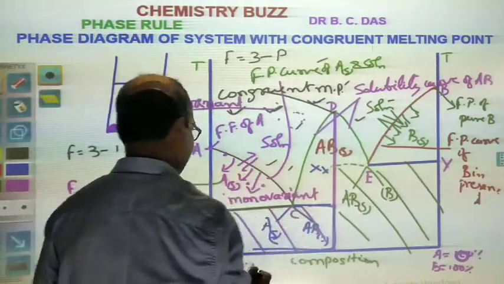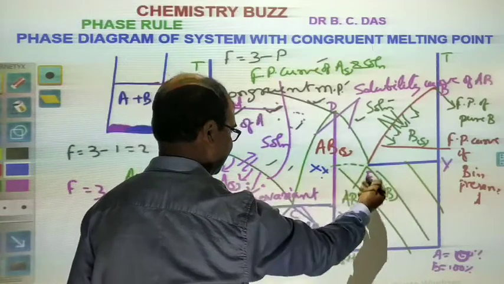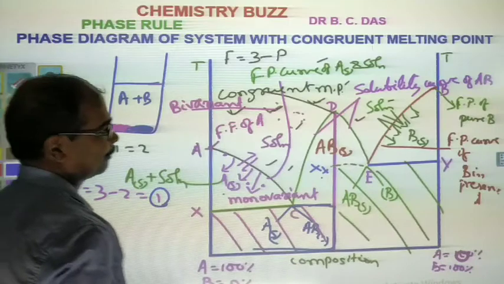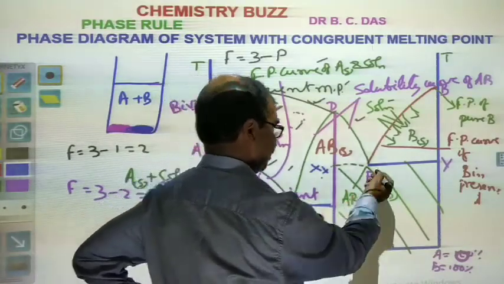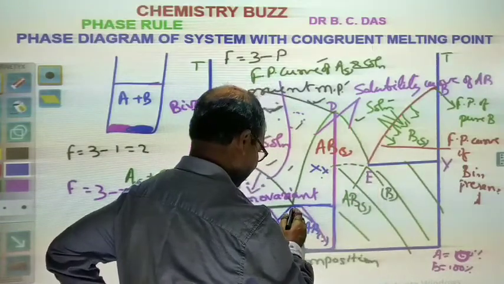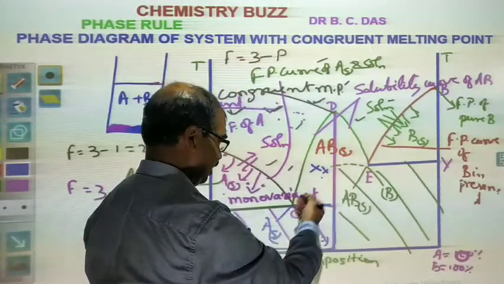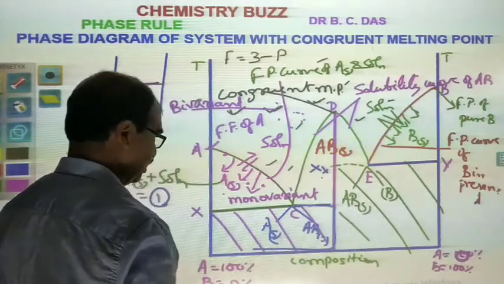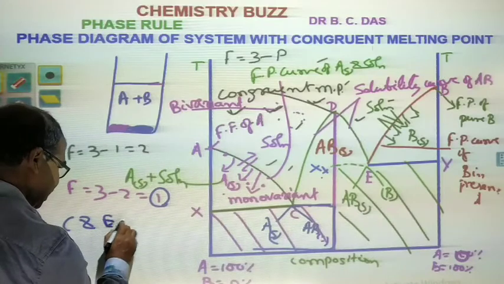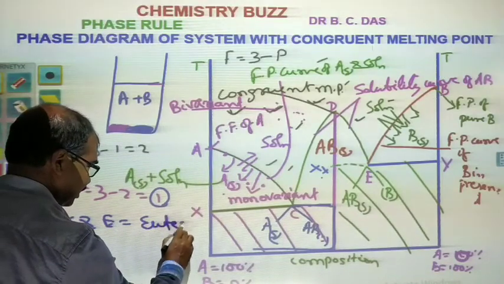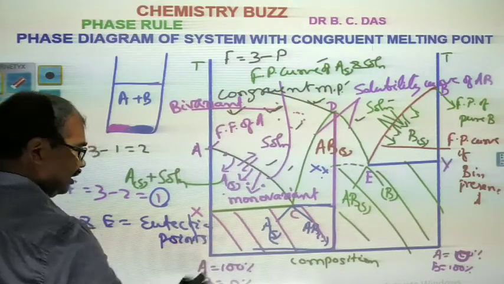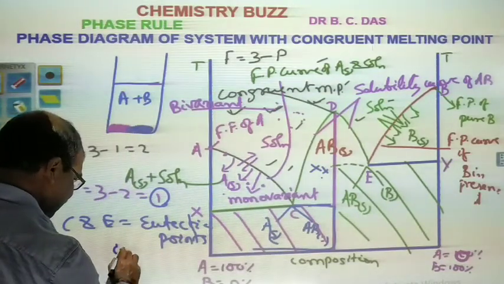So there are two phases, and for any point in this region the degree of freedom is 1. Then there are the points where three phases coexist, the two points C and E, and these eutectic points are invariant.